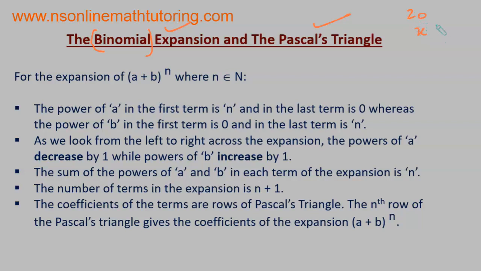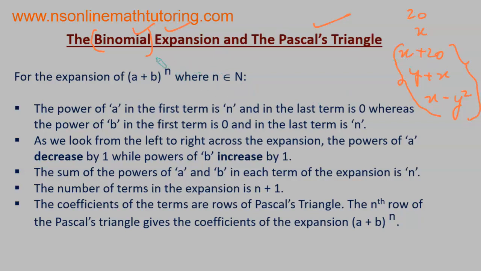If you have two terms, say x plus 20, y plus x or x plus y, or x minus y square, these are all examples of binomial expressions.